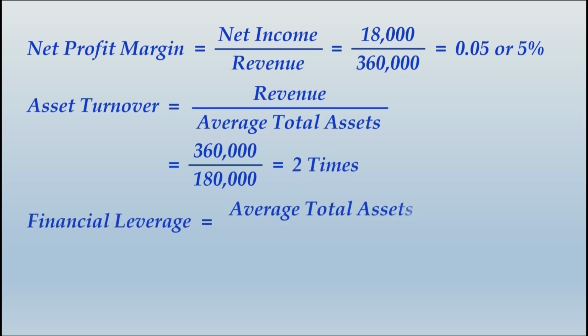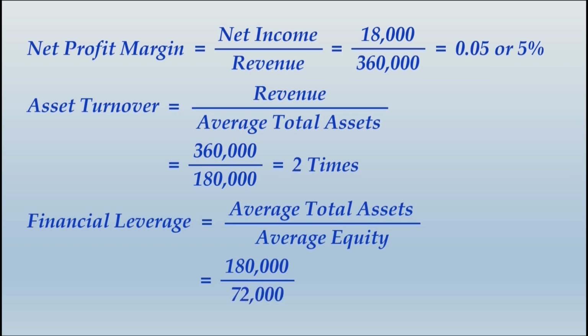Financial leverage will be average total assets divided by average equity, that will be 180,000 divided by 72,000, and that will be 2.5 times. So please write up these calculations and then I take you ahead.